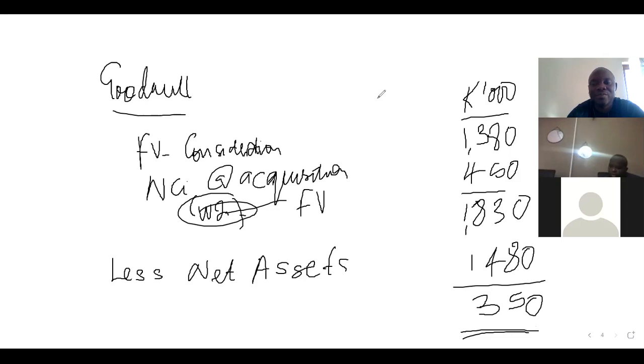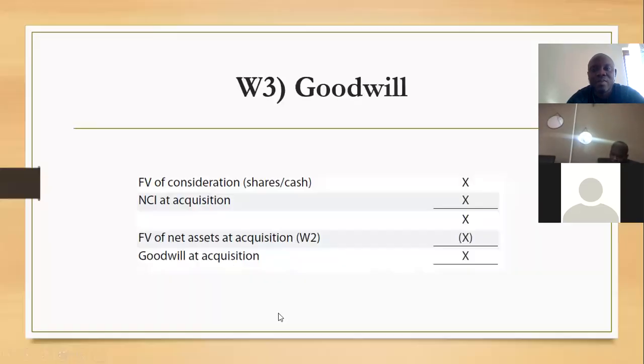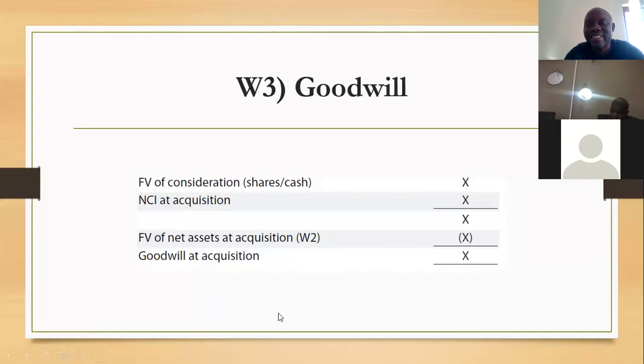Okay, so after working 3, working 4 is on NCI. Again, what you do is pick the NCI that you have under goodwill.